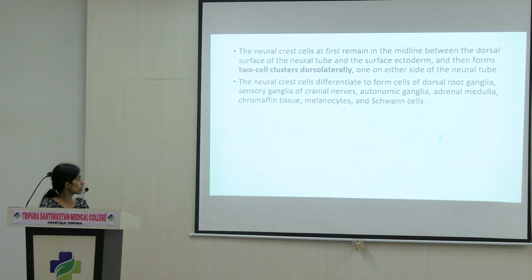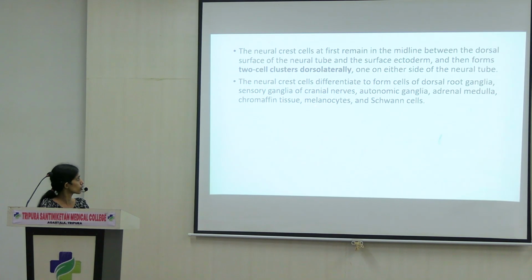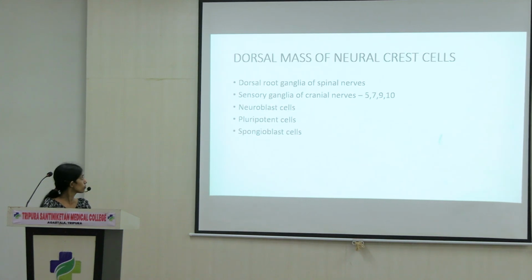The neural crest cells differentiate to form the dorsal root ganglion, sensory ganglion of your cranial nerves, and also the melanocytes, chromaffin tissues and some other cells of your nervous system. So these are the derivatives of your dorsal mass. It forms the dorsal root ganglion of spinal nerves and sensory ganglion of cranial nerves 5, 7, 9 and 10.